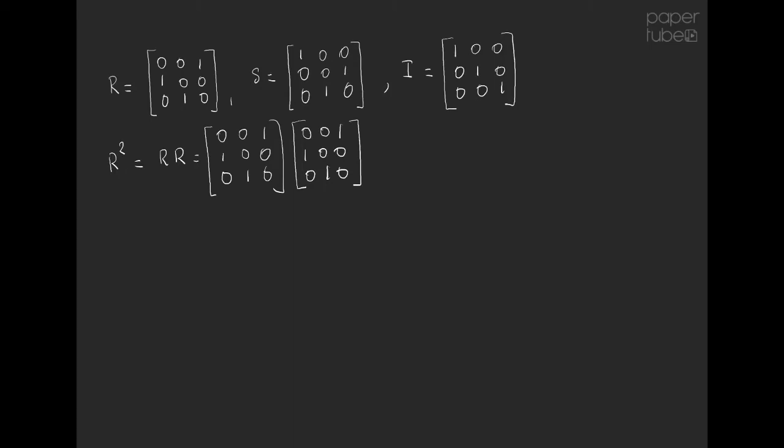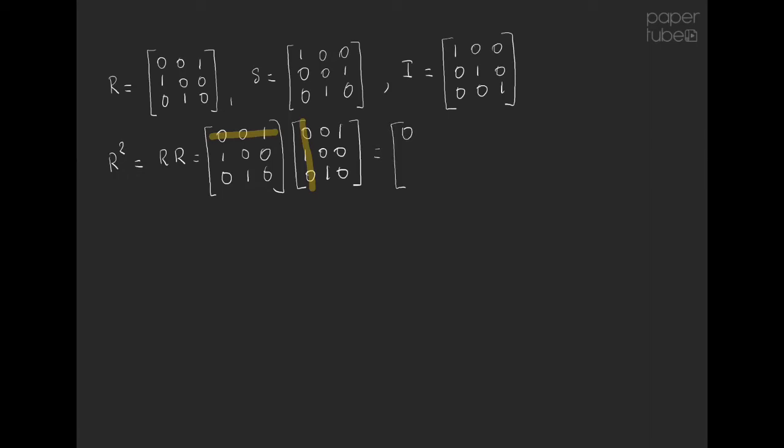And perhaps you remember that to multiply matrices, we take this row and this column, and then we essentially take the dot product of these two. So this will be 0 times 0 plus 0 times 1, which is 0, plus 1 times 0, right? So that'll be 0. And then we move to the second column.